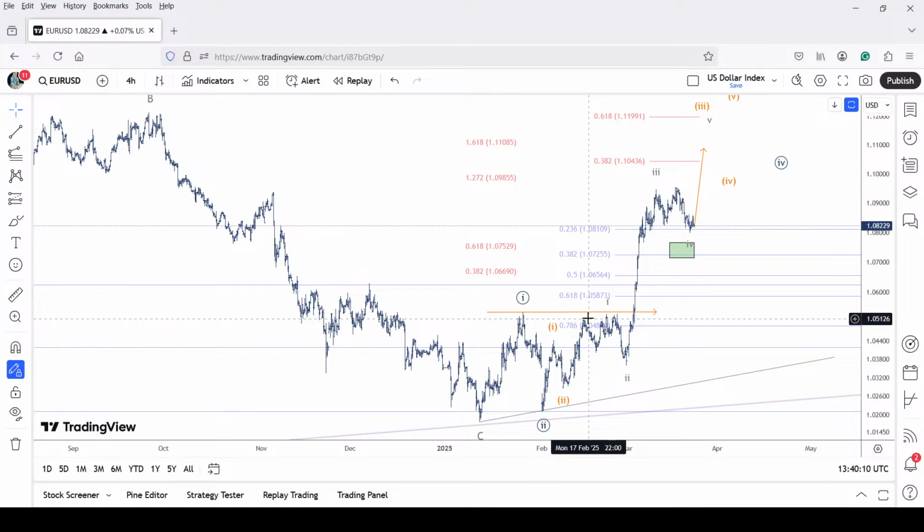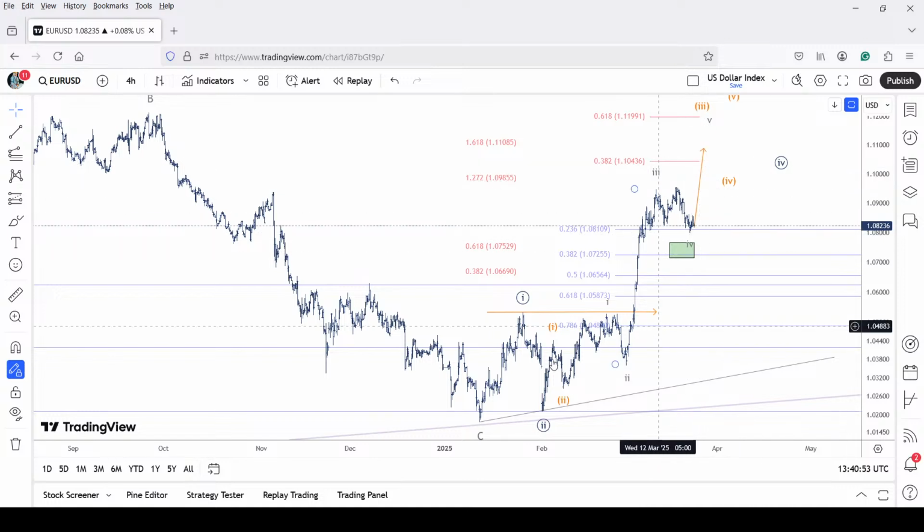So 286 towards 512 makes 226 points. If we add 226 points to 1.08, I think 00, it roughly brings us to 1026. 1026 is very close to 1.1043. So let's prepare for the first target around 1.1043.